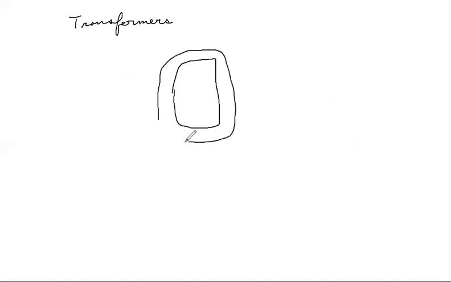So in a transformer, a lot of times we don't counterwind the coils because it's easier to simply start with a chunk of metal, say iron, and then wrap it over here and wrap it over here.